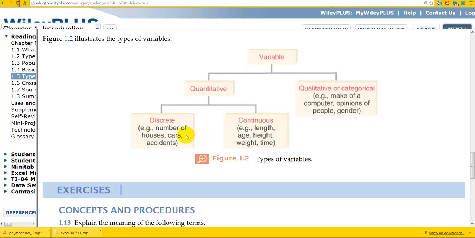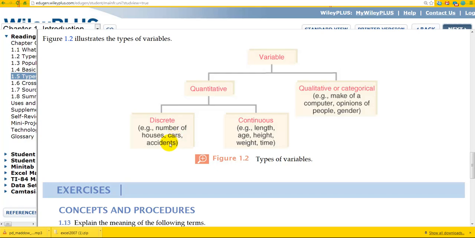The examples of discrete are like number of houses, number of cars, number of accidents. If you see these, number of houses, you don't usually say 1.5 houses. You say 2 houses or 3 houses or 5 houses. You don't usually say 2.5 cars. You say 1 car, 2 cars, 3 cars, 0 cars, but you don't say 1.444444 cars.